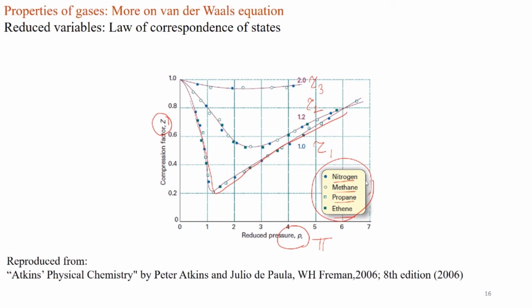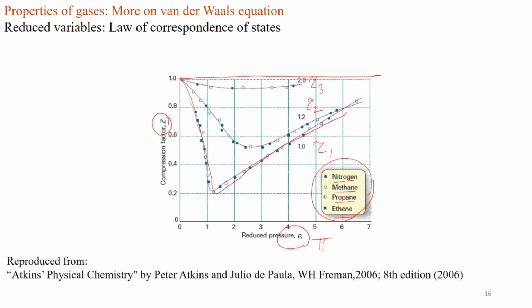similarly. But the trick is that they are not behaving ideally, because if they had behaved ideally, the curve would look like just a flat line at z equal to 1, which is the ideal behavior. So what we did is that we cleverly replaced the constants A and B by the critical constants, which are Tc, Pc and Vc, and by taking the ratio of the pressure to the critical pressure and so on, we have defined a few parameters which are reduced parameters.